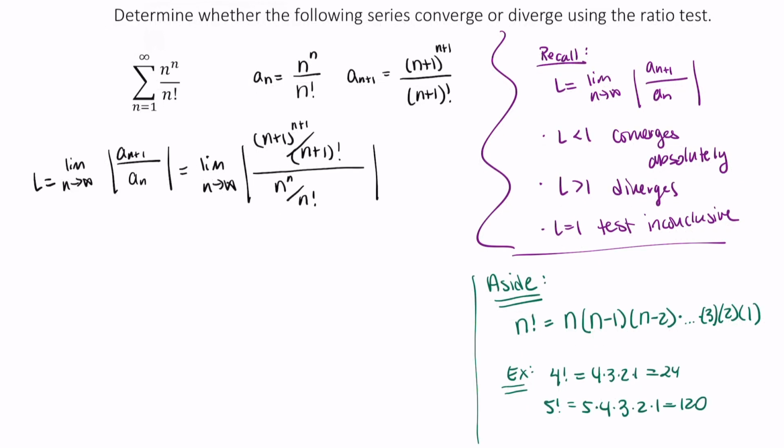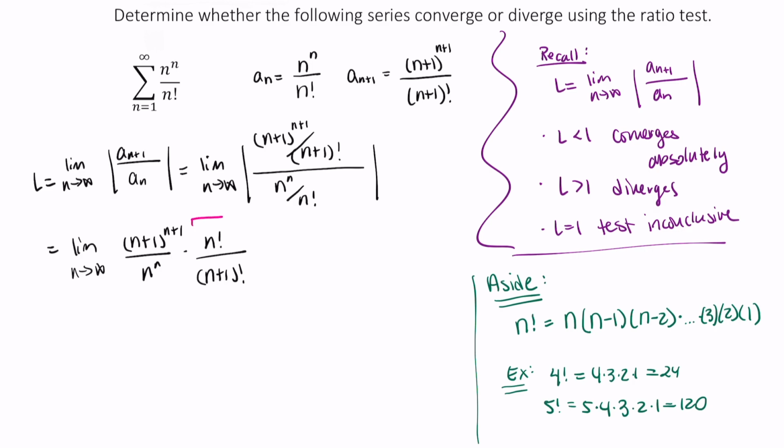Okay, this is all equal to L. So this is the limit as n approaches infinity of n plus 1 to the n plus 1 power divided by n to the nth power times n factorial over n plus 1 factorial. Okay, so we have some cleaning up to do.